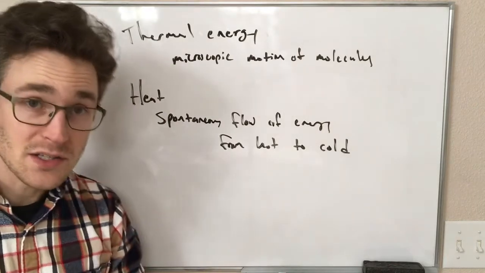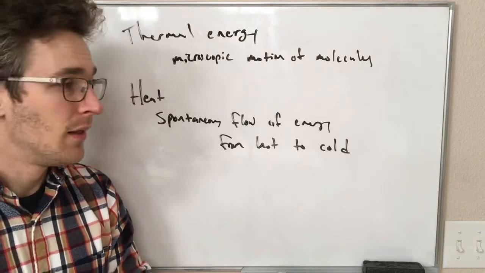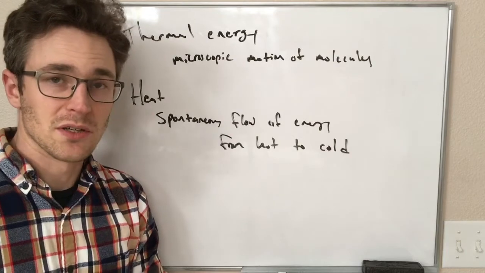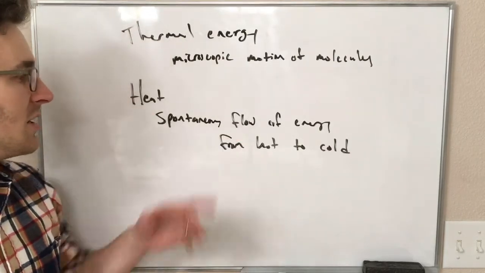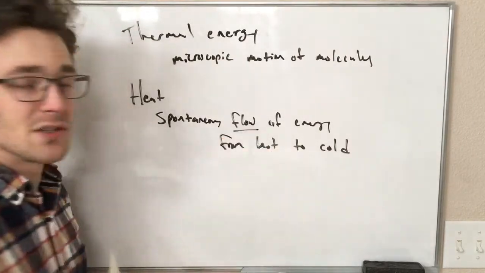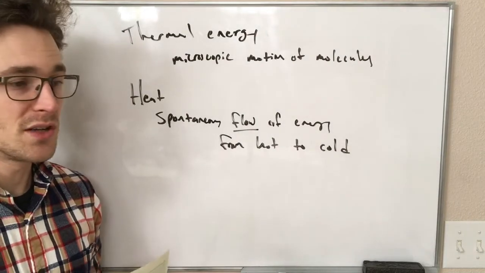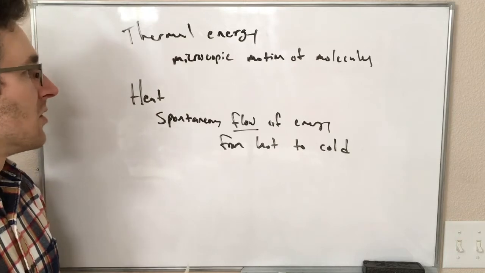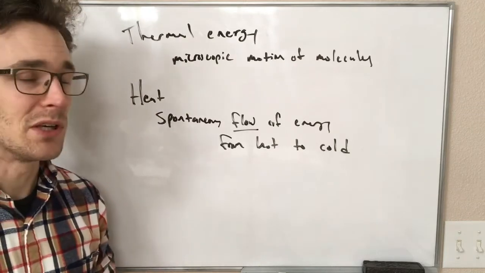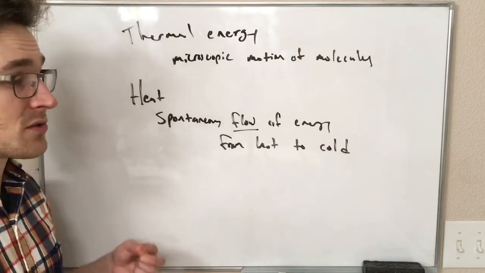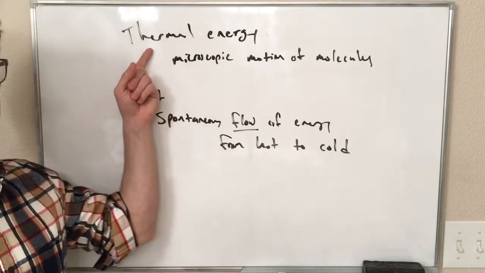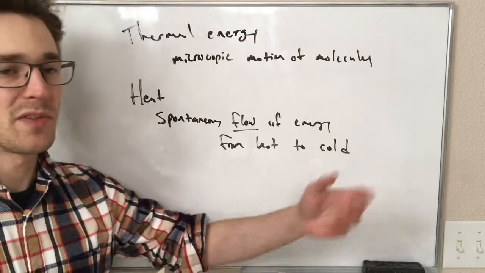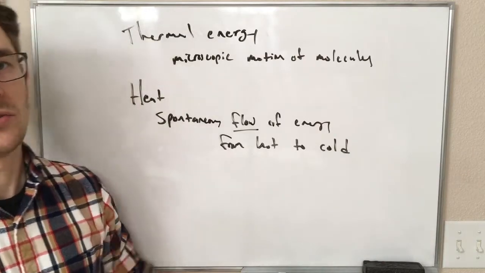It would be incorrect to say something like, this mug has 10 kilojoules of heat, because heat is this flow of energy. It is a transfer of energy. It is not something possessed. Maybe if somebody said that, what they really meant was, this cup of coffee has 10 kilojoules of thermal energy, and then some of that could be transferred by heat to some other object.